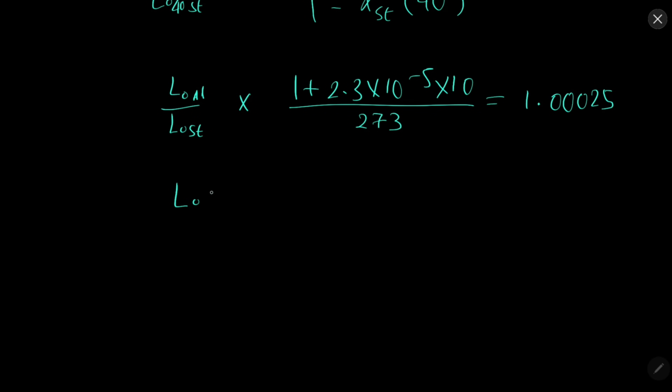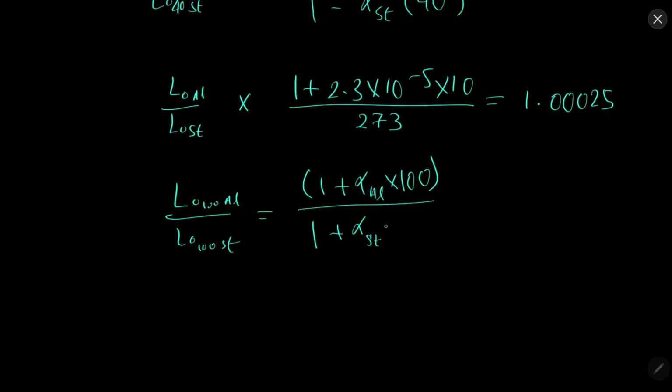And length of aluminum over steel, 1 plus alpha Al 200 over 1 plus alpha steel 200. It will come out to be around 1.00096.